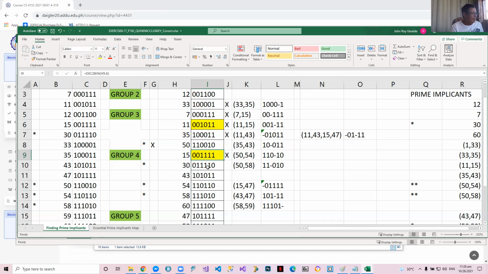Can we have 11 and 30? No, sir. 11 and 30 cannot be, no? Kasi they differ in the first, the second, and the fourth, no? Okay, how about this? Pwede, sir. This is 11 and 43. We have this already, no? 11 and 43.